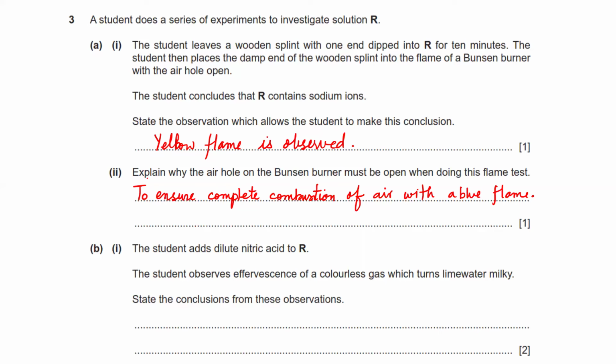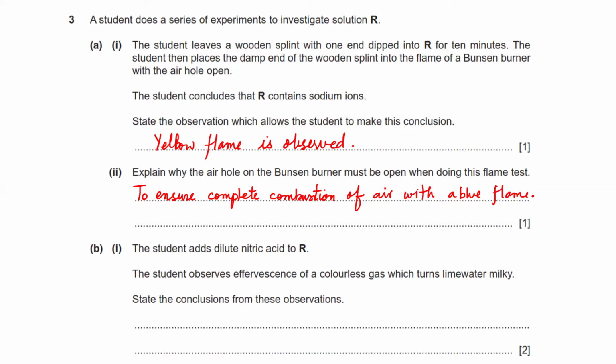Because when we are having incomplete combustion, our flame will not be blue. An incomplete combustion flame is yellowish orange, and you will not be able to see the yellowish flame of sodium if your air hole is not completely open, or you're getting incomplete combustion with the Bunsen burner.